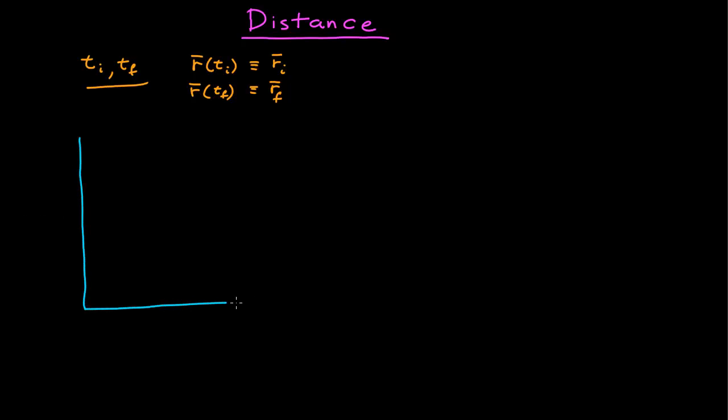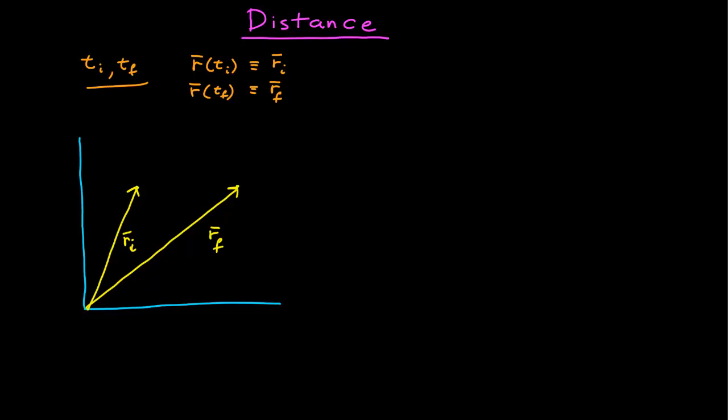So if I have, let's say, a coordinate system, and at t initial I have my vector points there, and then at t final I have a position vector that points there.